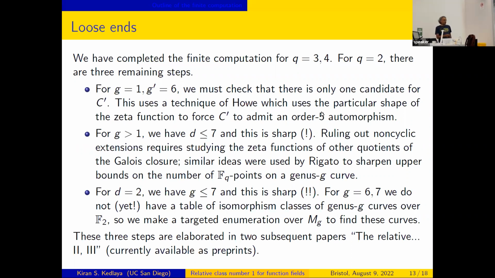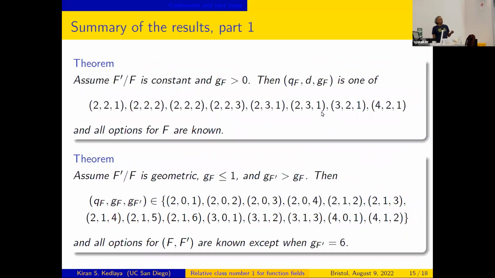But I have 2 preprints posted that take care of these. Paper number 2 takes care of the first 2 issues in this list. Paper number 3 takes care of the third one. So if you want to read about those loose ends, there is something you can read. But I'm going to state theorems not assuming those results. These are conclusions just based on this paper.